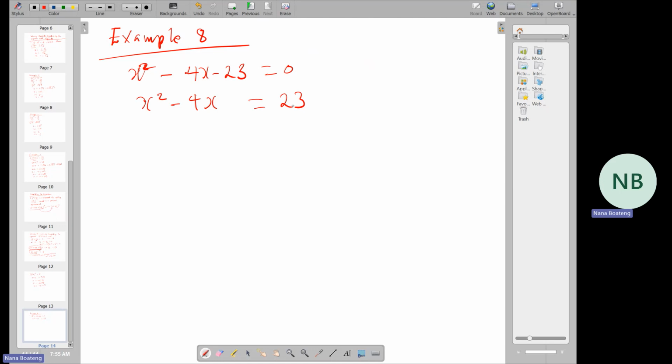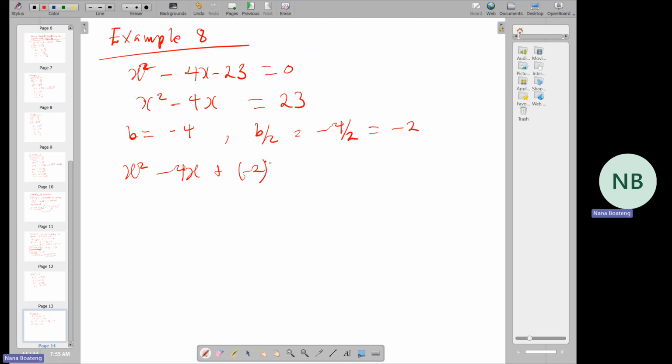So our b is -4, right? Our b divided by 2 is -4 divided by 2, which is -2. All right. So adding b divided by 2 squared on both sides would be x squared minus 4x plus b divided by 2 squared.